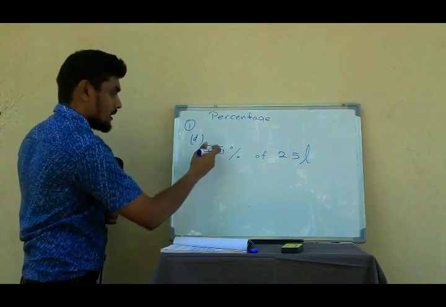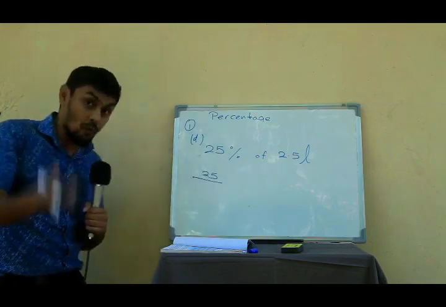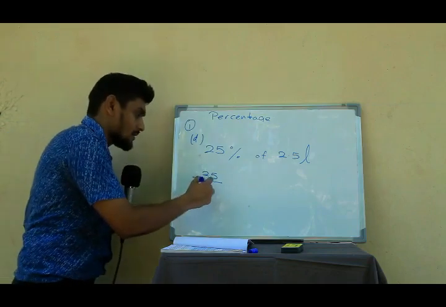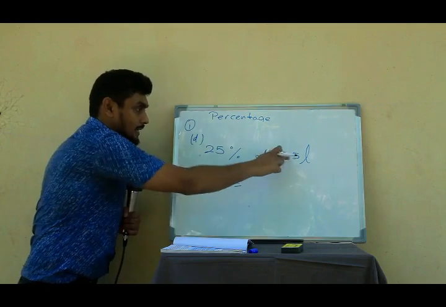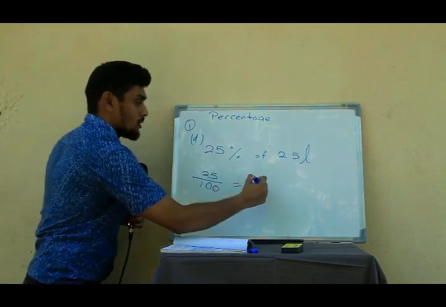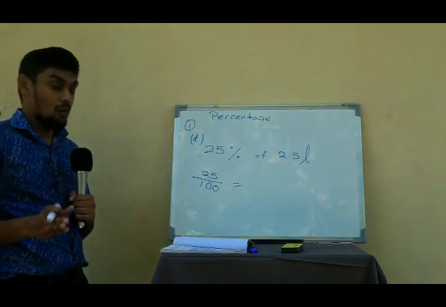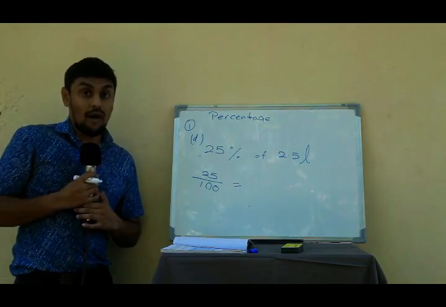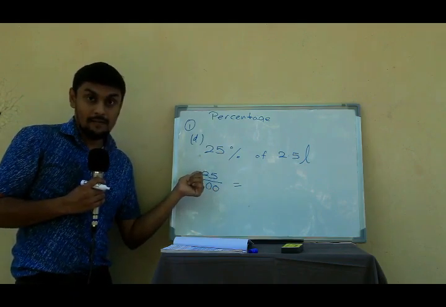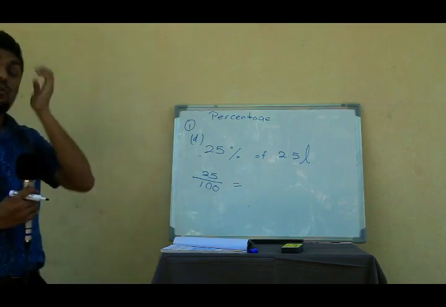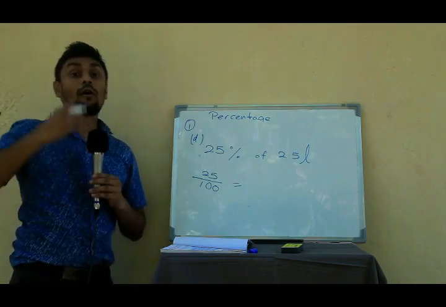Simple one. 25 percentage means 25 over 100. So they are asking to do what? 25 over 100 of 2.5 liters.